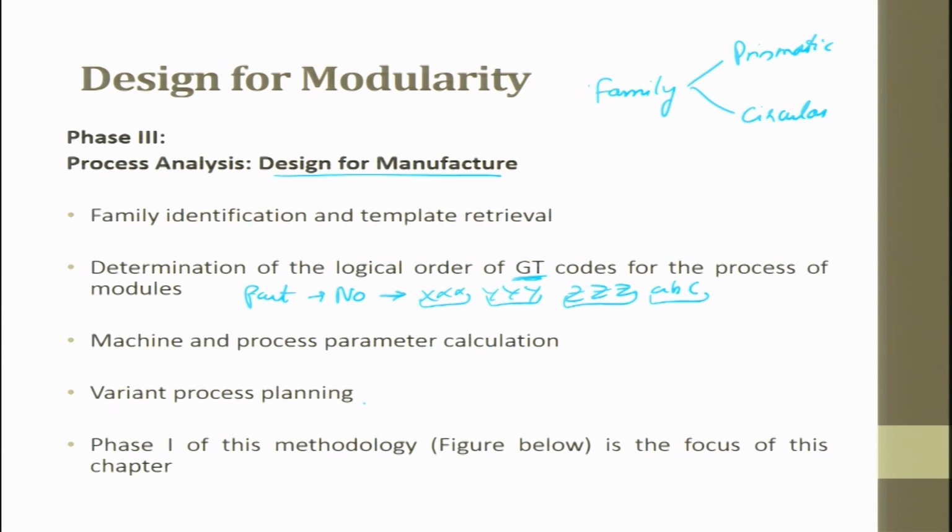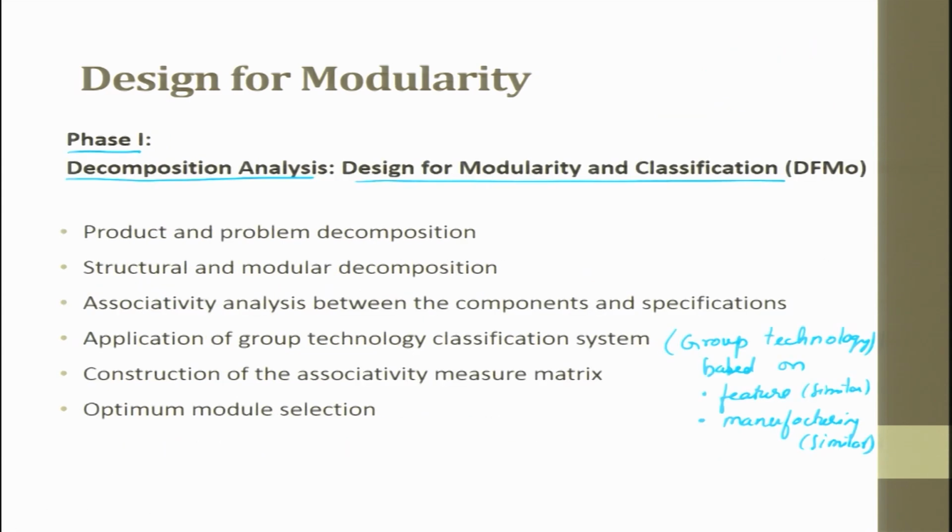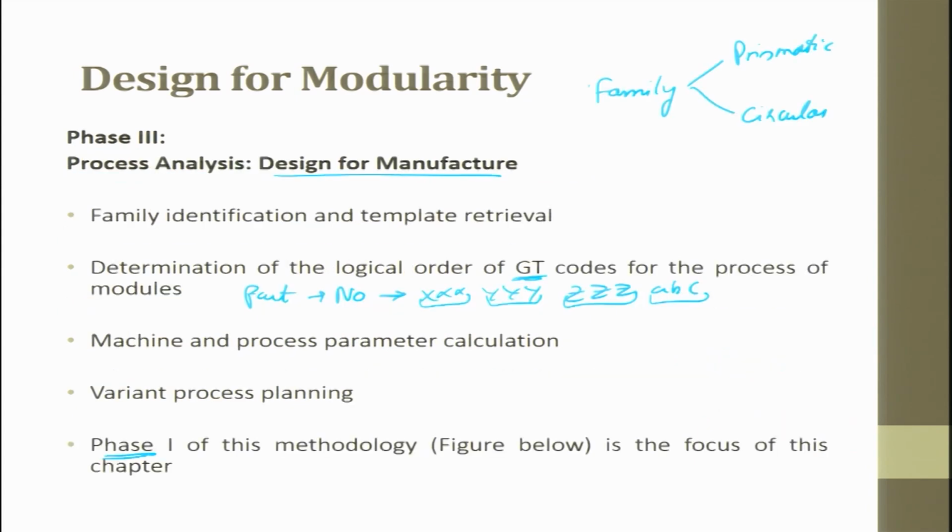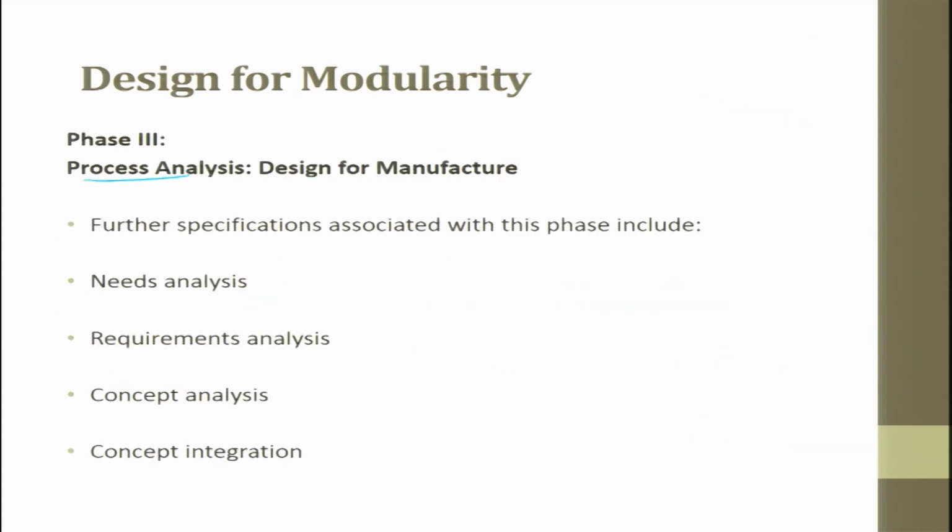Variant process planning is also part of design for manufacturing, and phase 1 of this methodology is the focus of this chapter. What is phase 1? We saw decomposition analysis, that is phase 1, which will be covered in full length in this discussion. Phase 3 is going to be process analysis.